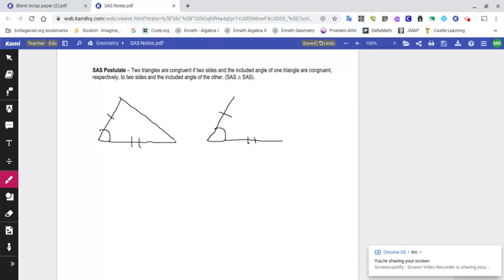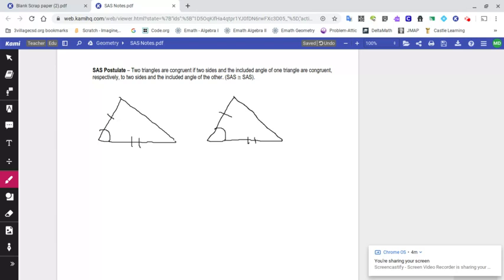If all of those things stay those lengths and that angle stays that size, the only way I can complete this other triangle is to draw this side right here. That means that those two triangles will be the same. There's no other way for me to draw a triangle with those two sides the same and that angle the same.